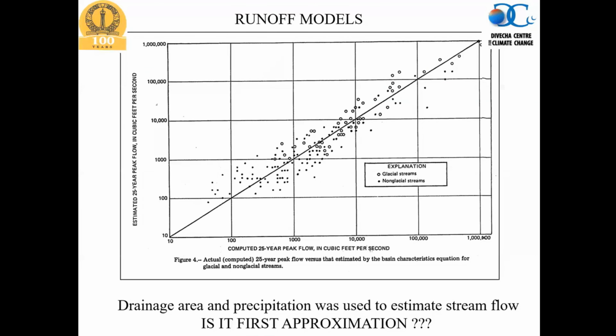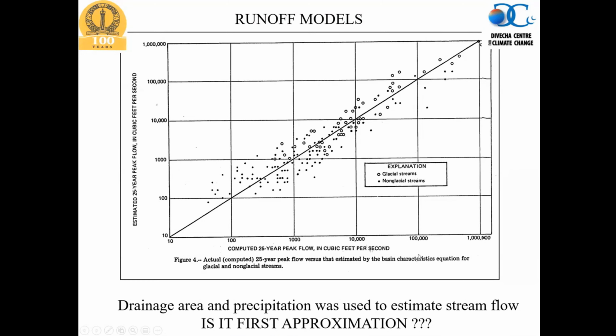So there are numerous models, and one of the earliest models, the first approximation, is you just get the drainage area and precipitation, and then estimate the stream runoff. You can plot the relationship between the flow and actual and computed stream runoff by using basin characteristics.